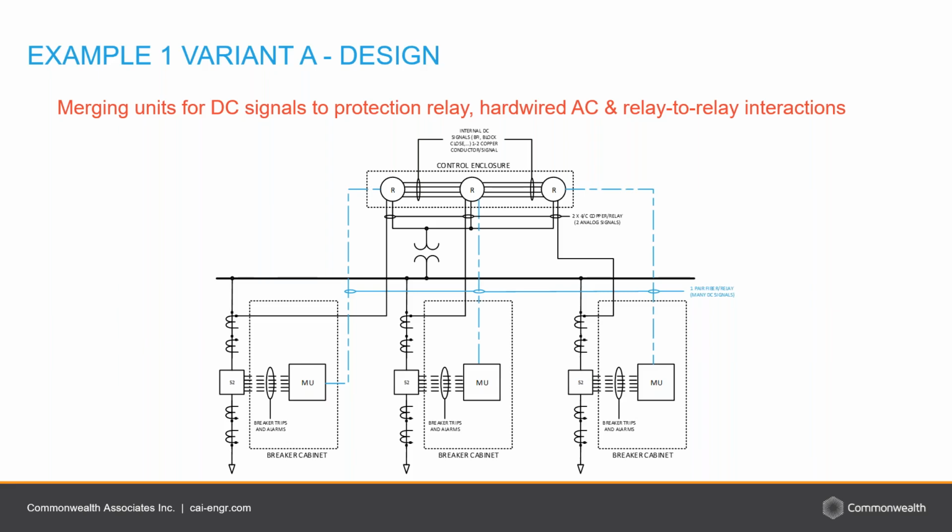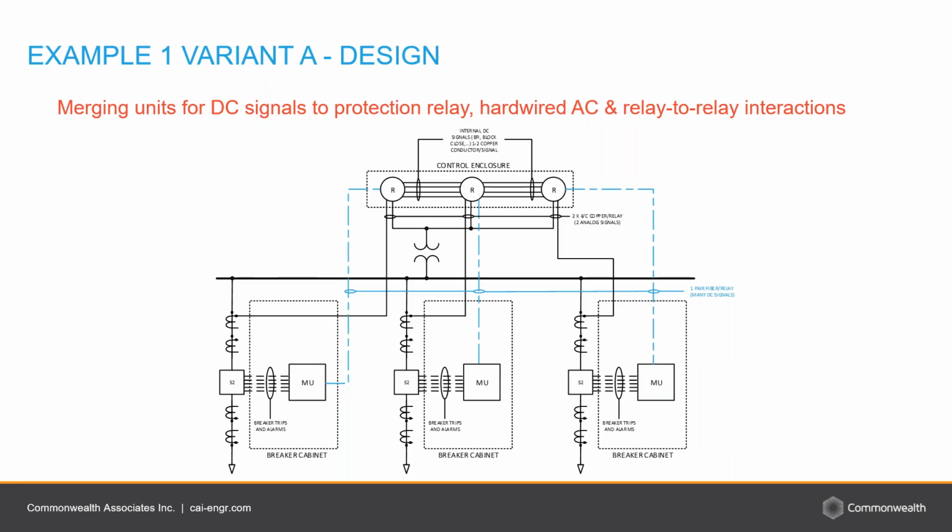Like I said, we're talking about breaker failure initiates or status sharing, that sort of information is still hardwired. So inside the control house, you still have the copper wiring, but from the substation yard into the control house, you're now using fiber.